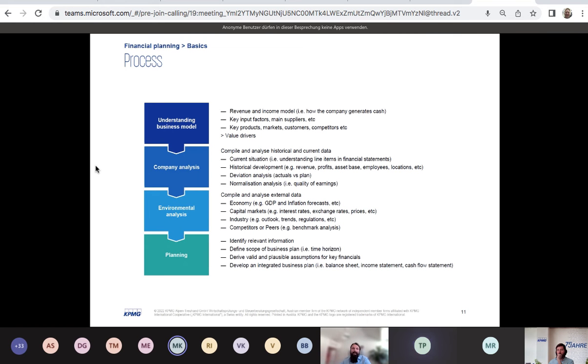So in the end, and this is where I'd like to go here, you gather all the data points you have and you can collect, in order to inform your assumptions about the business plan and about the forecasts, right? And ideally, you have your business plan and your income statement, and you go through line by line, and you say, first of all, is it important, yes or no?